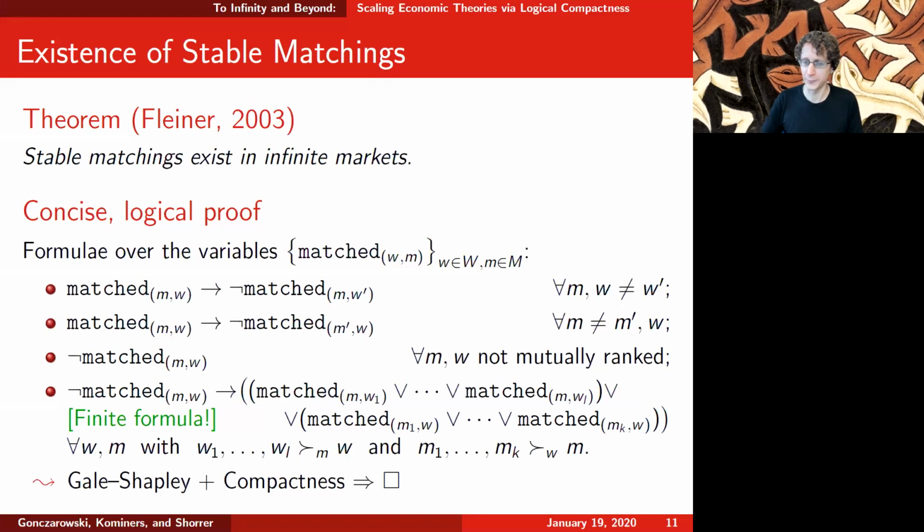Please, go for it. The Fleiner proof, you said, went through Tarski. So essentially it was going through the Gale-Shapley algorithm and trying to do it in infinite space. Was that the idea? In some sense, but it's also not quite right. Gale-Shapley's deferred acceptance relies on there being an end step. If you try to run deferred acceptance in one of these infinite markets, it might never actually terminate, and so it's difficult to figure out whether you got into a stable matching, because usually we analyze deferred acceptance by looking at the outcome you get at termination.